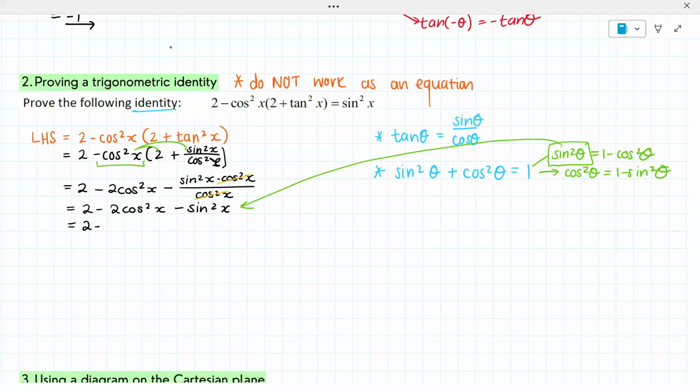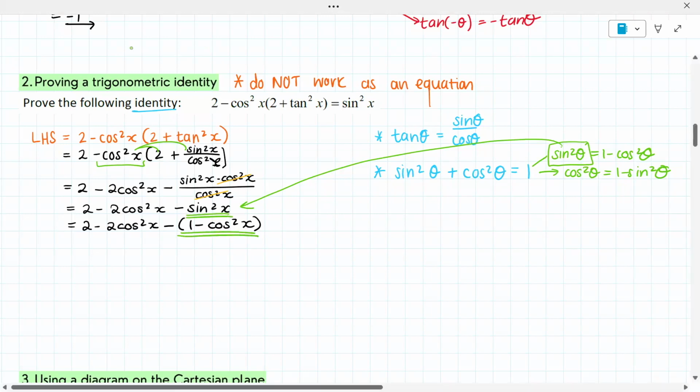So we've got 2 minus 2 cos squared x minus 1 minus cos squared x. All I have done is replace the sine squared x with the identity. That's it. It means the same thing.